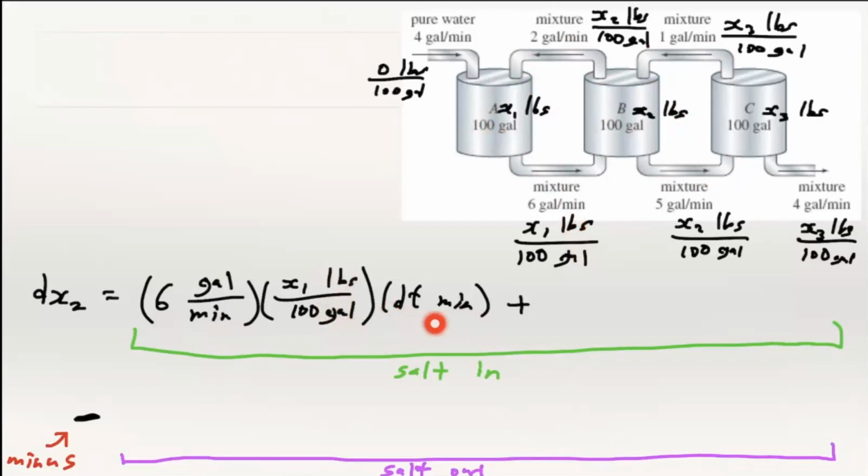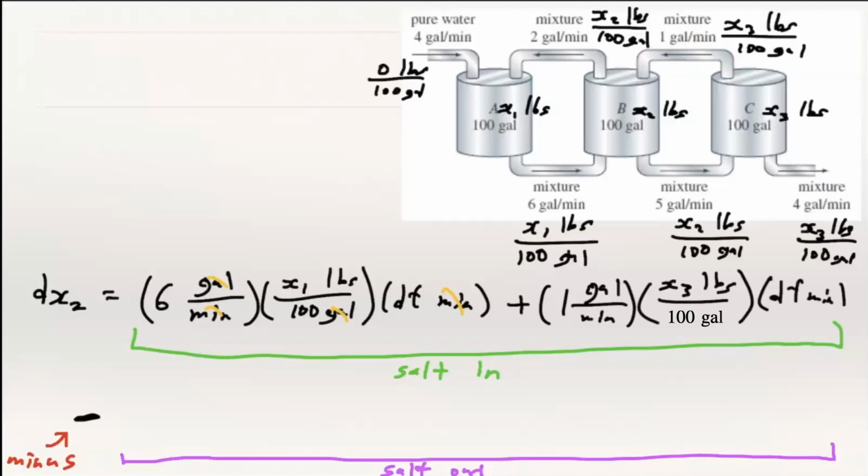And we're looking at a little time increment dt minutes. The units work out to just be a difference in pounds. And then our other source coming in is at a rate of 1 gallon a minute at a concentration of x3 pounds per 100 gallons, happening over a time frame of dt minutes.